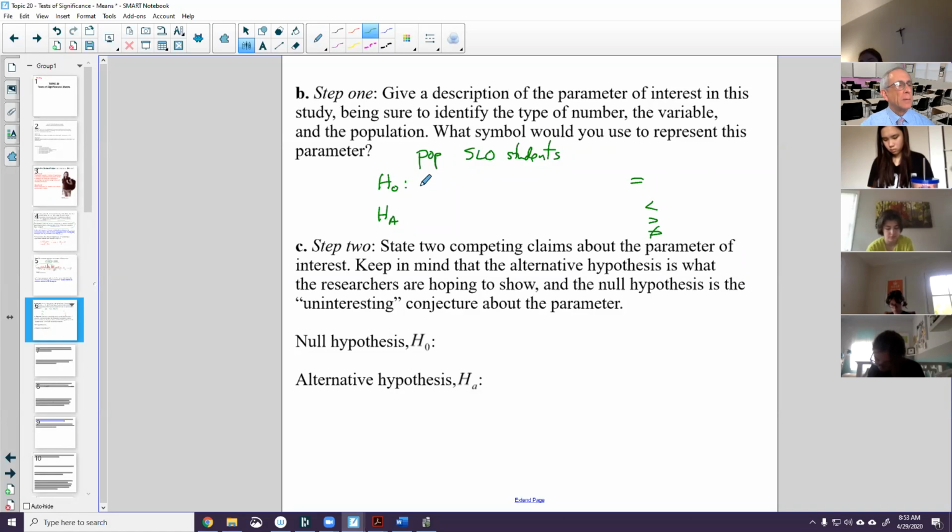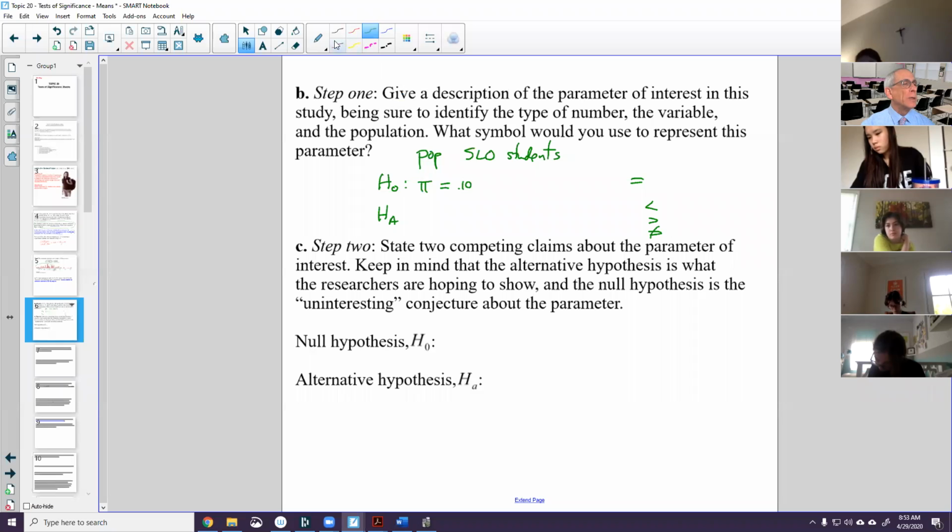Pi is equal to 0.10. You've got the right concept, but you're using the wrong symbol. Pi would be for a proportion.